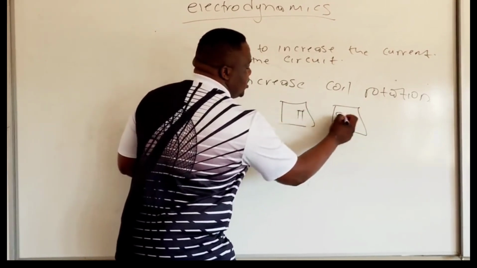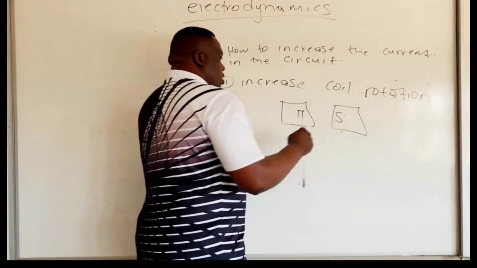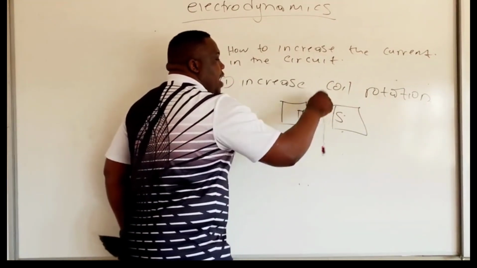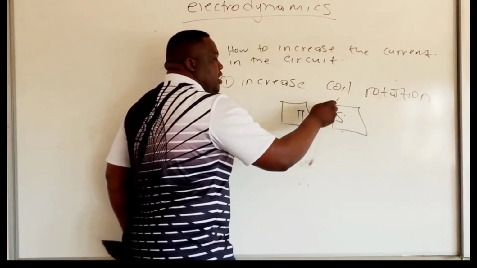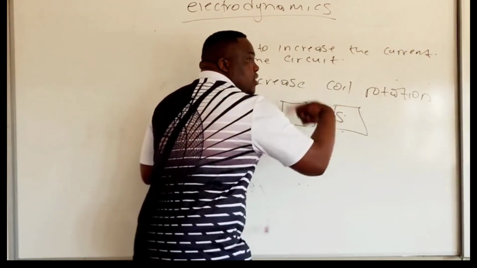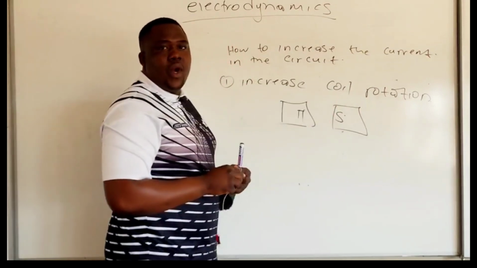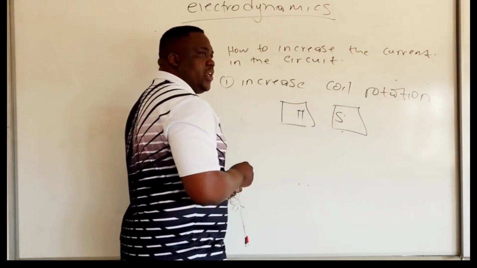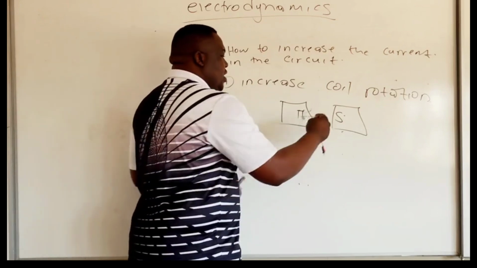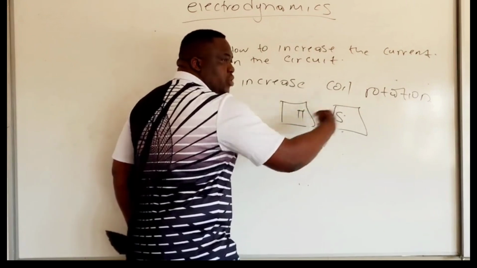If I want to increase the voltage, what do I do? It means the speed at which I am moving this coil. Isn't it this coil is rotating, it's moving like this in a rotating manner. It means I will just increase the speed at which this coil is rotating.